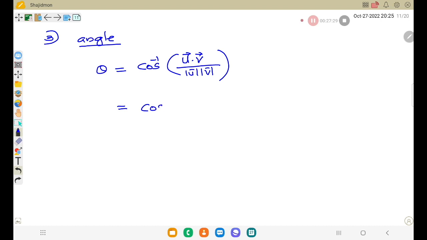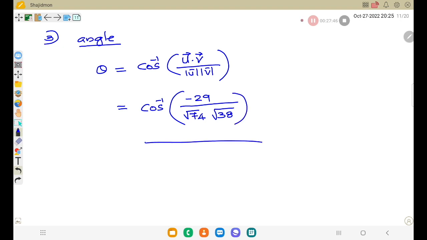So cosine inverse of, what is u dot v, we got minus 29, divided by absolute of u, root 74, multiply absolute of v, root 38. Okay, so this is the angle between the two vectors. You can check the answer in the calculator using shift cosine: minus 29 divided by root 74 multiply root 38, or otherwise you can stop here also. That is the answer, theta. I hope we understood this question.